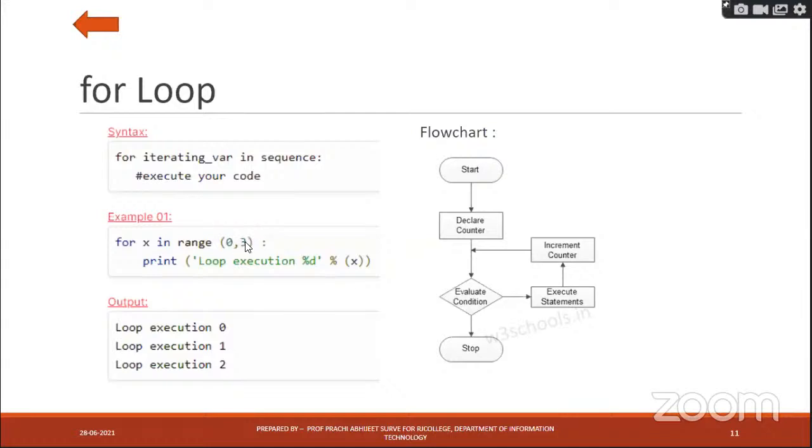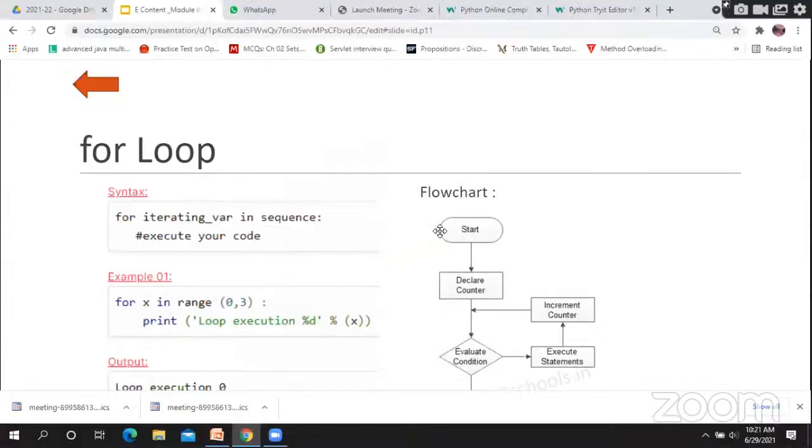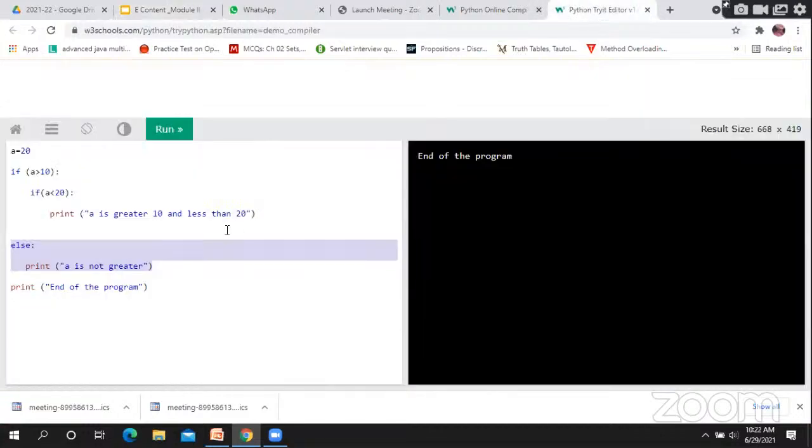The second number after the comma is the number where you need to stop. Then print loop execution. This %d is used to print the number, and %x is the value of x. Now we will execute this quickly over here.